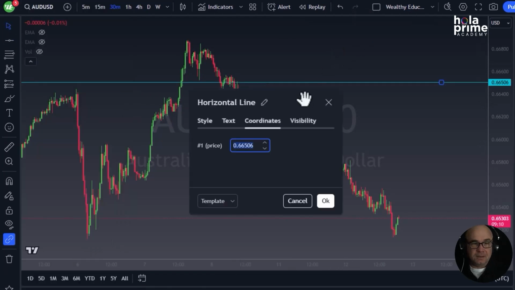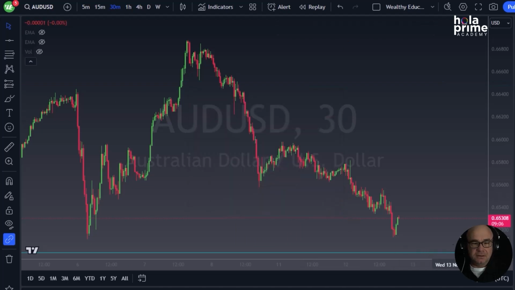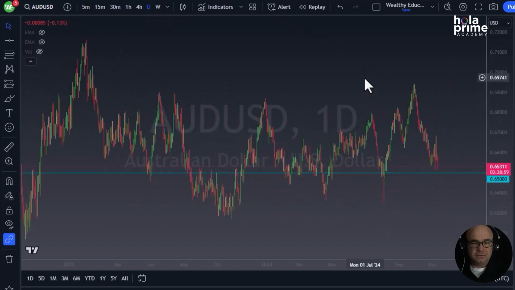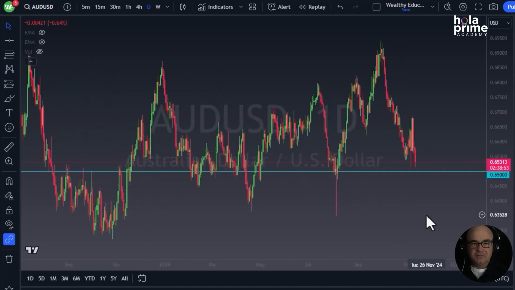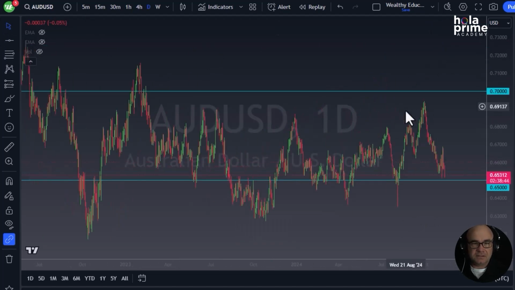So this is the Australian dollar, and I'll put a line at 0.65. Let me zoom out to a higher time frame on the daily chart. You can see this is an area that we've seen both buyers and sellers at. Let's go ahead and do 0.70 and see what this creates.